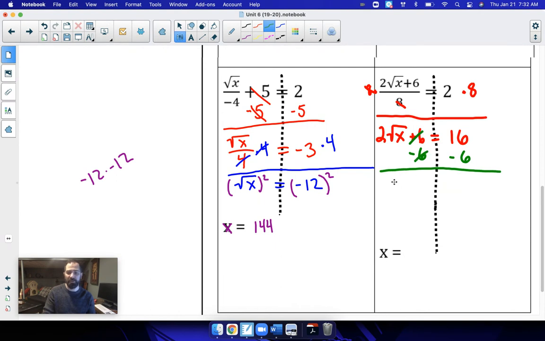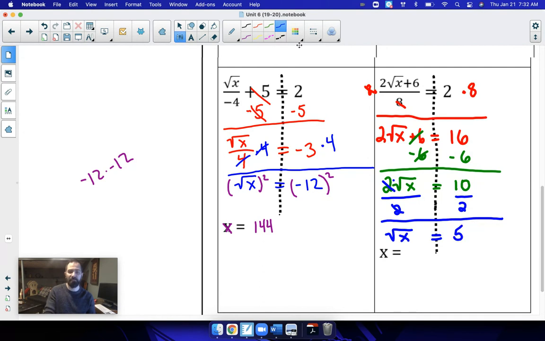Our 6 goes away. 2 times the square root of x equals 16 minus 6 is 10. We're still going. We've got to get rid of this 2 times the square root of x, so we're going to divide by 2. Our 2's cancel, and we're left with the square root of x equals 10 divided by 2 is 5.